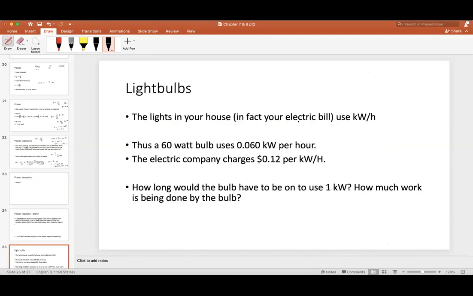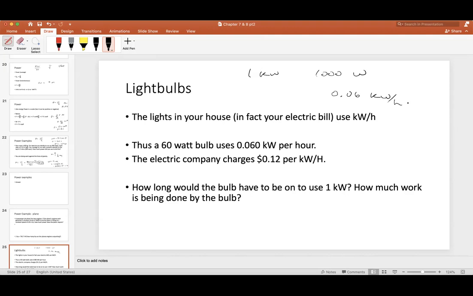So a 60-watt light bulb, remember that 1 kilowatt would be 1,000 watts. So 60 watts is 0.06 kilowatts. So a 60-watt light bulb uses 0.06 kilowatts per hour, right?